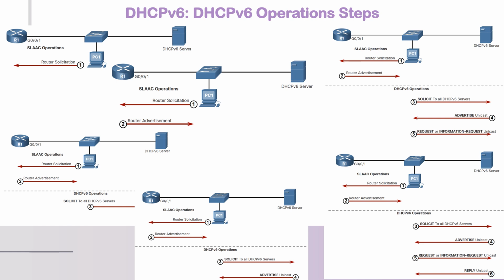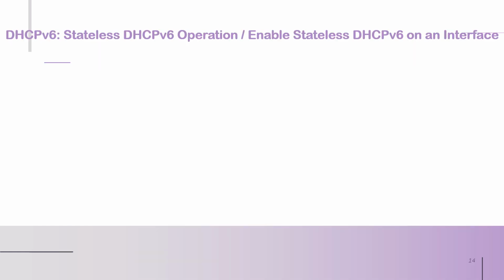Let's see the operation of DHCP version 6 if it is a stateless server. The stateless DHCP server is only providing information that is identical for all devices on the network, such as the IPv6 address of a DNS server.